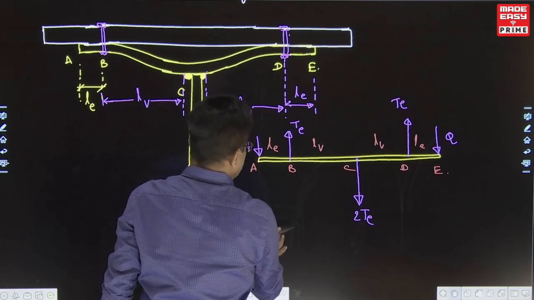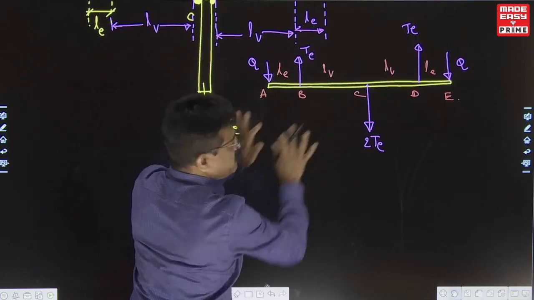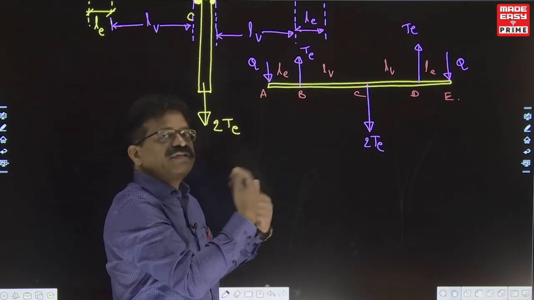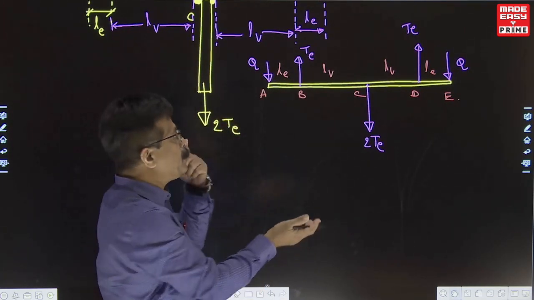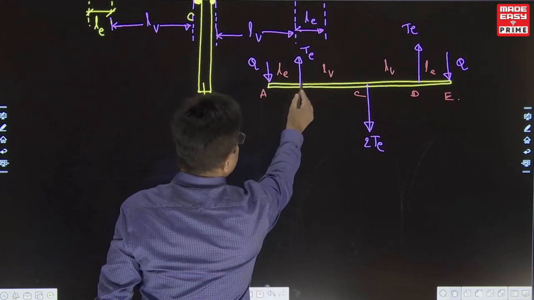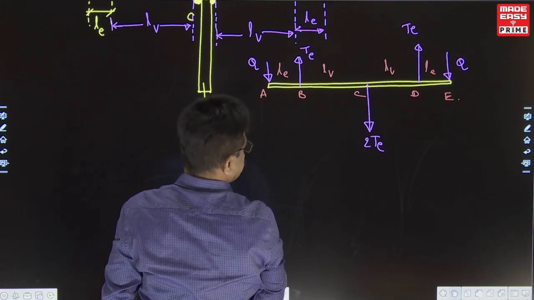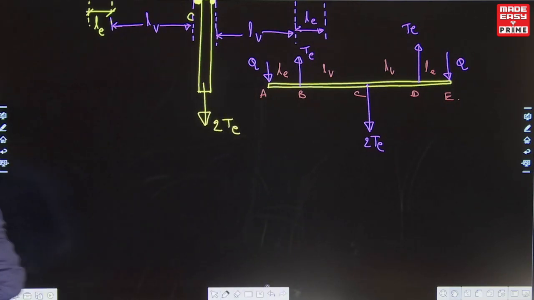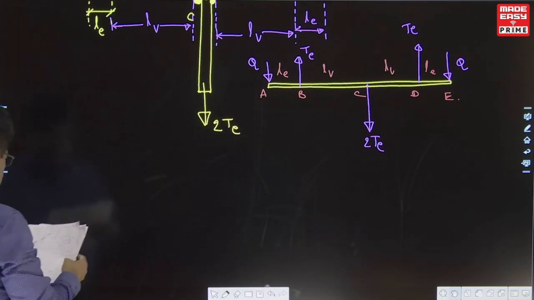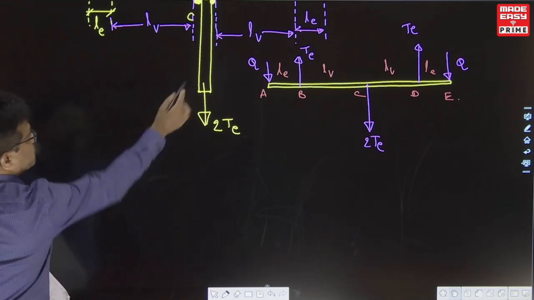Okay, so now you understood the structural behavior, how the additional forces are developed in the bolt. This TE is the force exerted by the bolt on the plate. Now the codebook has given one empirical formula for Q prime force.